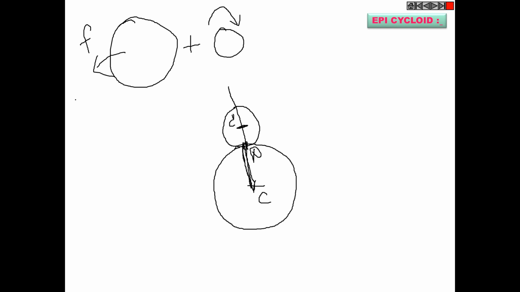And the name of the smaller circle is rolling circle, R-O-L-L-I-N-G, rolling circle or generating circle, because the smaller circle is rolling on the outer periphery of the bigger circle, and due to the rotation of the smaller circle I am getting an epicycloidal teeth profile. So that's why the smaller circle is called the rolling circle or generating circle, and the bigger circle is called the directing circle.